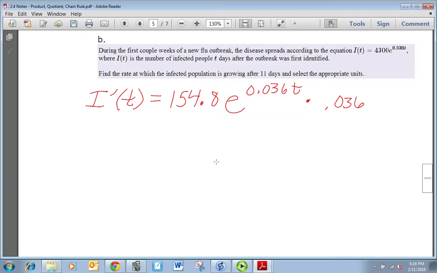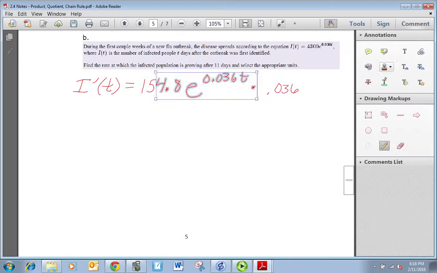And we don't really need to worry about, oh, actually, this, let me get my eraser here. That's not correct. That's after you multiply the 0.036. So let me do it out here. 4,300 times 0.036 is 154.8.